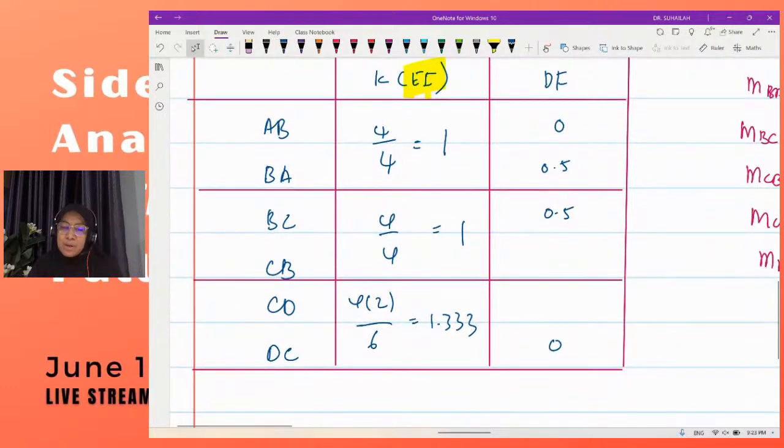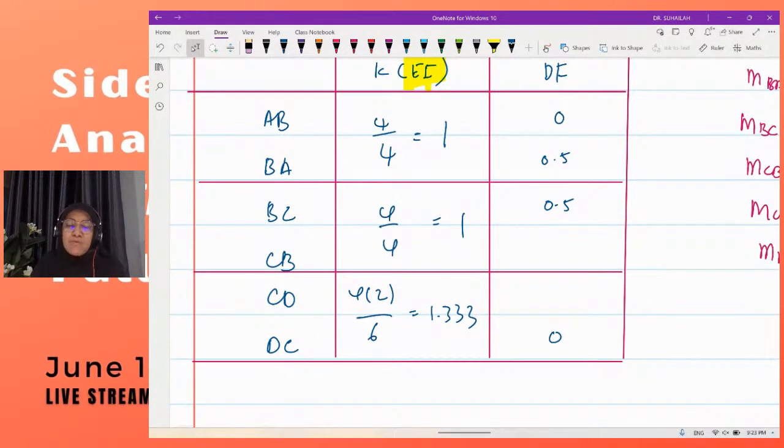Okay, now please calculate for me what is the value for 1 divided by 2.333. So what is the value?